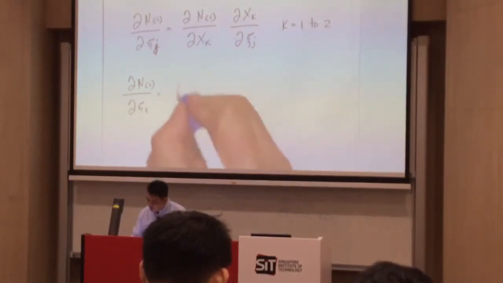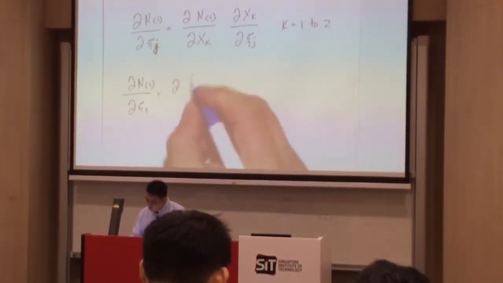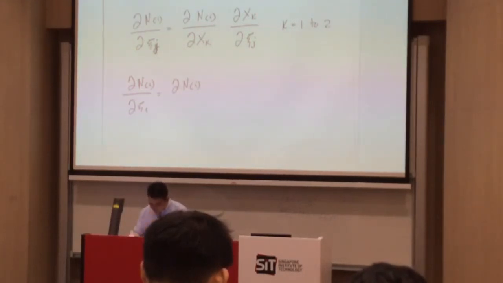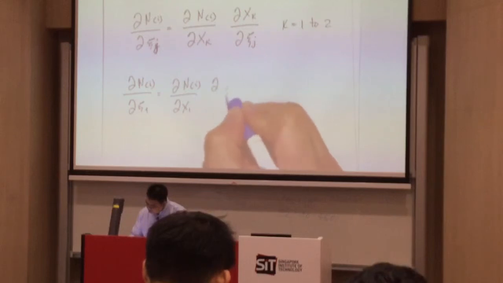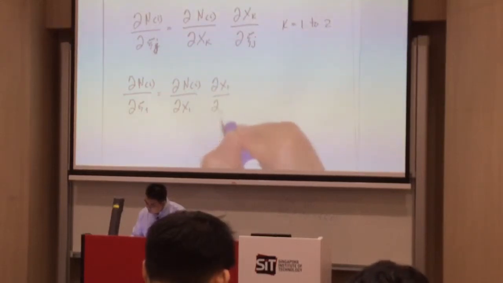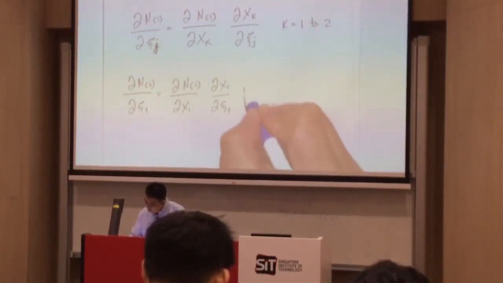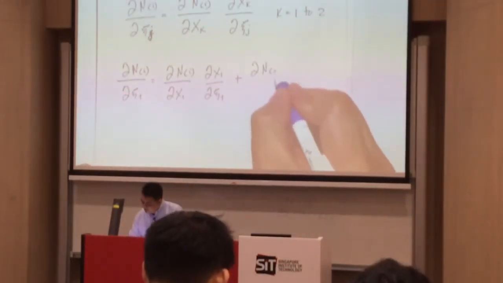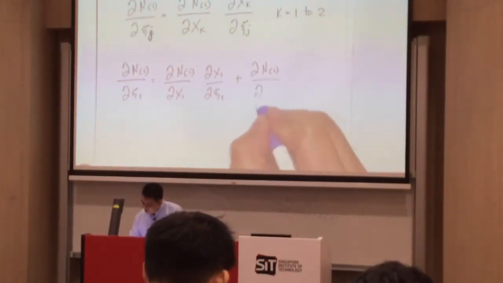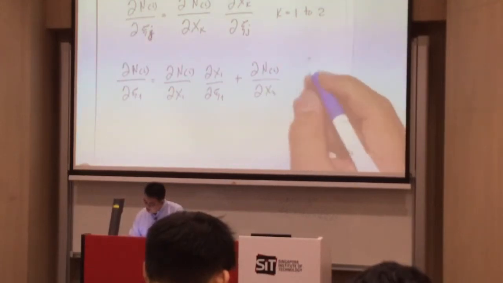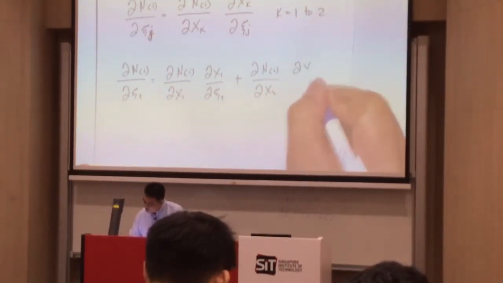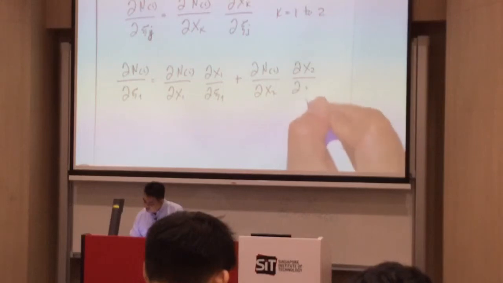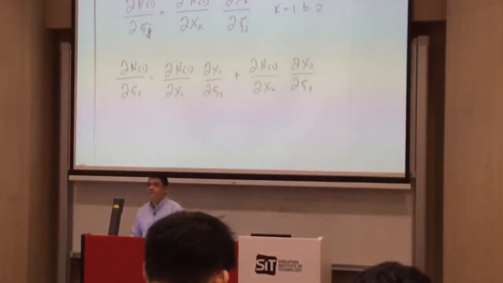This one will be the partial of Ni with respect to x1, partial x1 with respect to c1, plus the partial of Ni with respect to x2, partial x2 with respect to c1.